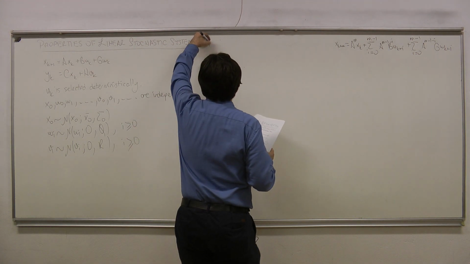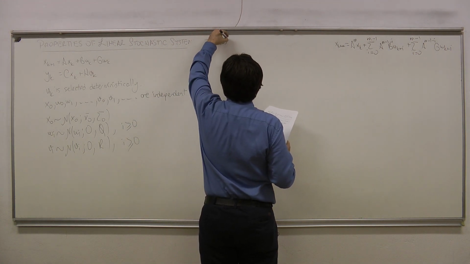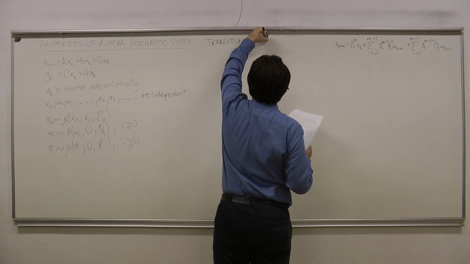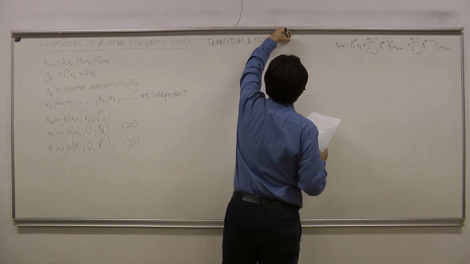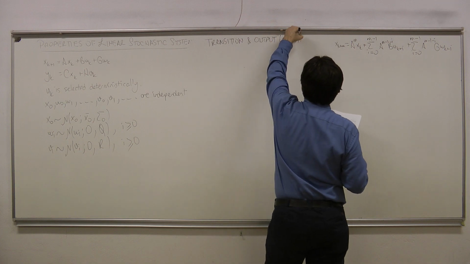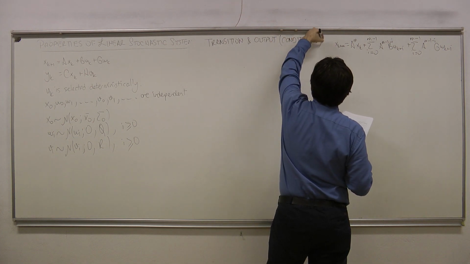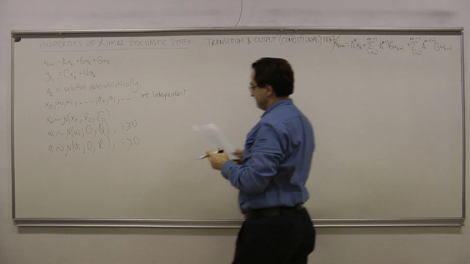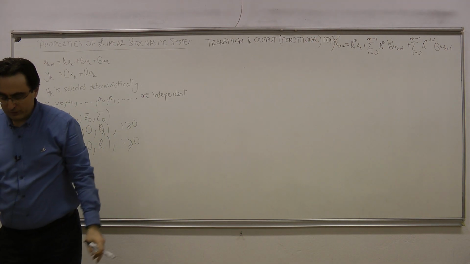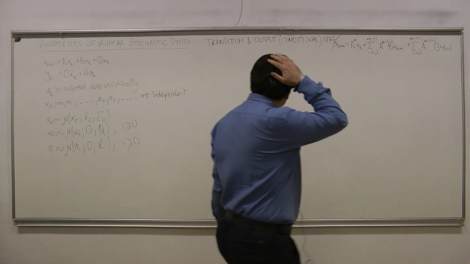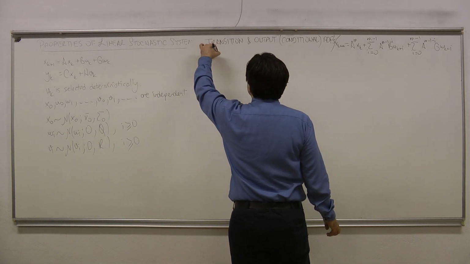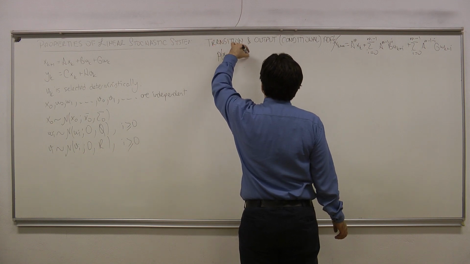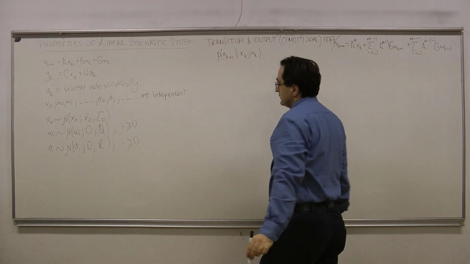So let us look at transition and output. These are conditional PDFs. Okay? So the first thing that I'm going to do is to obtain the one-step transition PDF, x_{k+1} given x_k and u_k here.